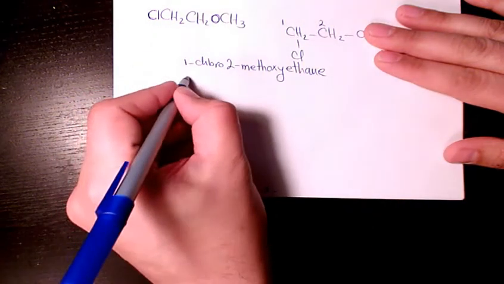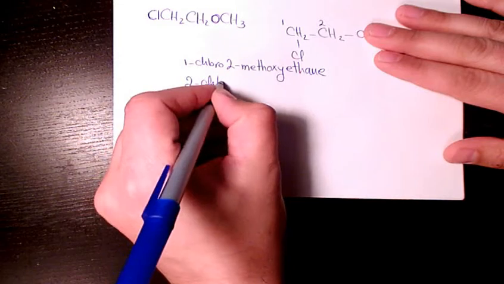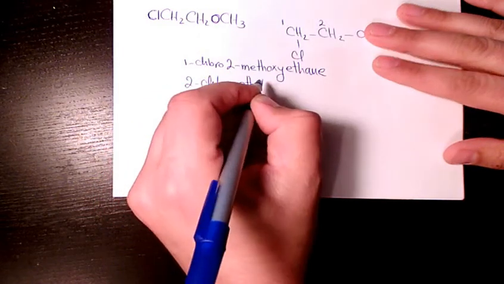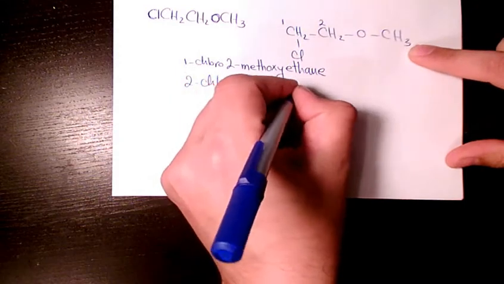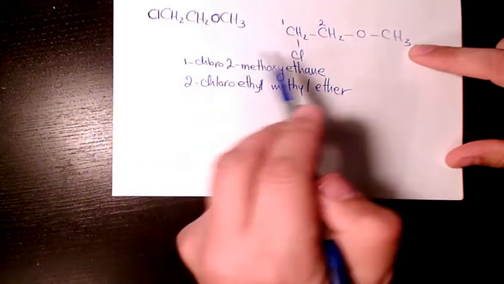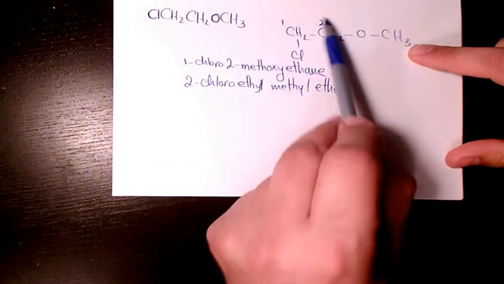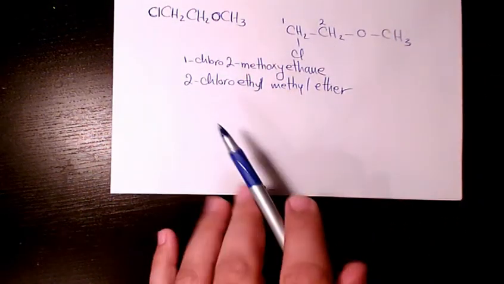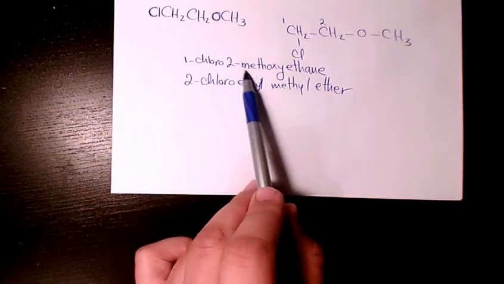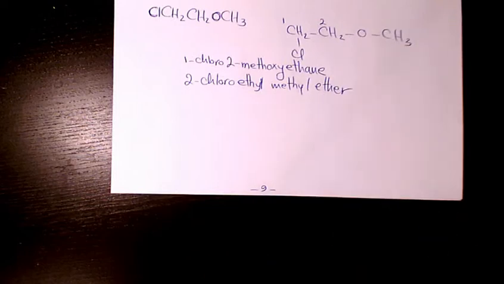So that's why we call it 2-chloro ethyl methyl ether. So it's going to be 2-chloro ethyl methyl ether. Because it has to be alphabetically ordered, you need to write this one first and then methyl and then ether.